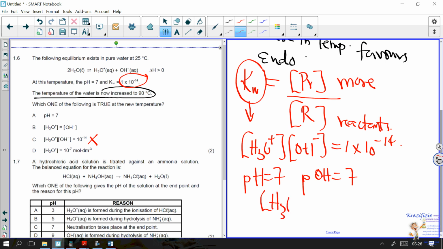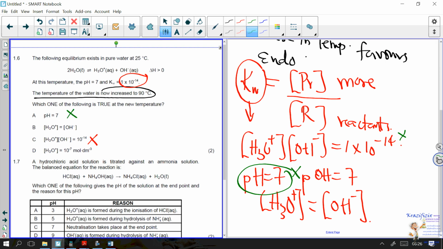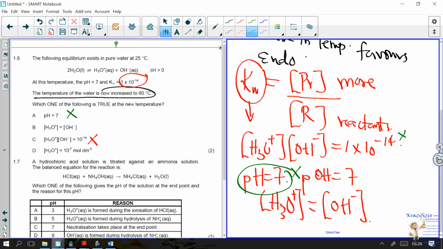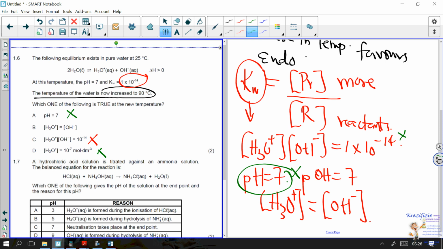Because the concentration of hydronium ion is equal to the concentration of hydroxide ion. I'm trying to get you to the answer now. But if we say this has changed, pH can no longer be 7. So this is also wrong. If pH cannot be 7, then option D is also wrong.